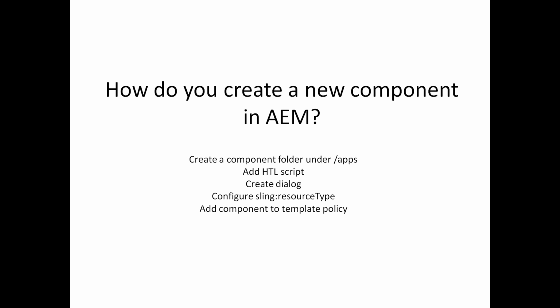So you should answer in a structured way: in your project, to create a new component, you first created a component folder under apps inside your project structure, and then you added the component definition with the Sling resource type and component properties.